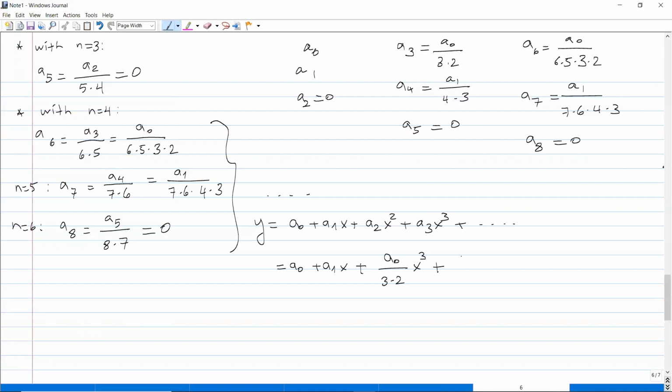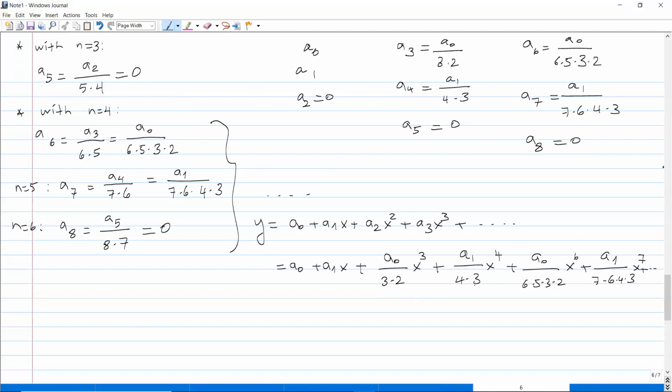For a4, a1 over 4 times 3, x to the 4, a5 is 0. Then a6, a7, and a8 is 0, so it will keep going like this.